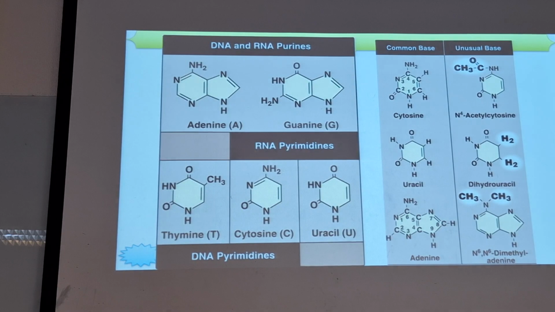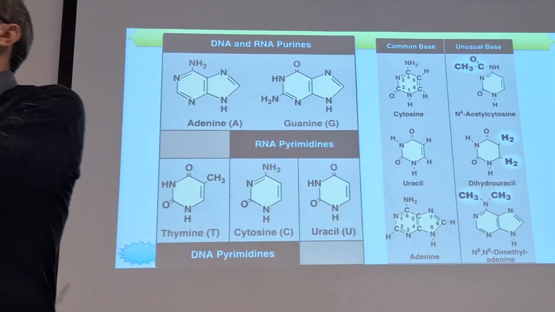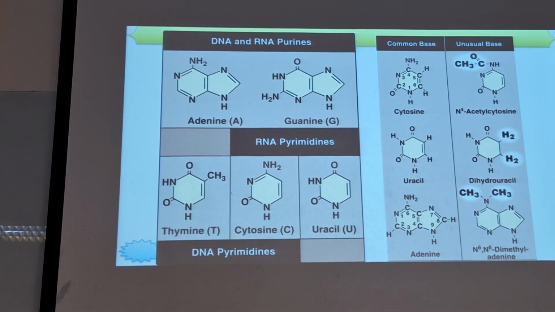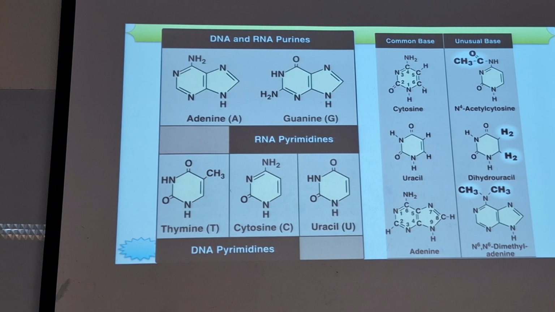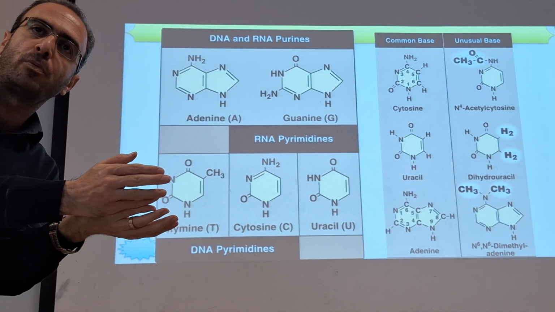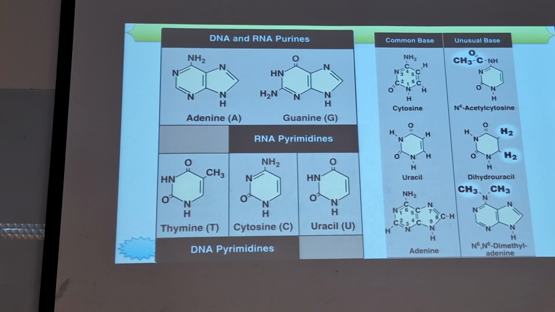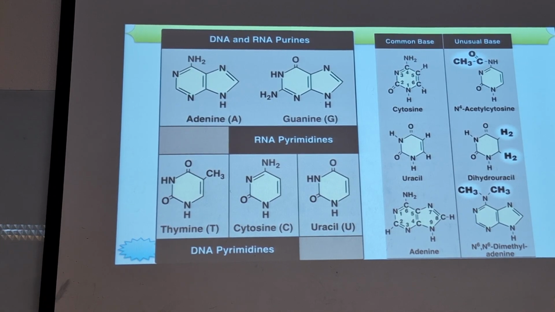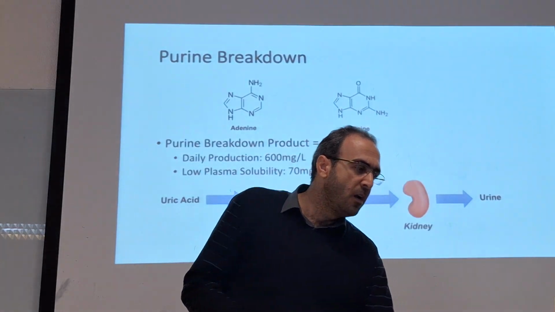When we don't have nucleotides, we can't make a new copy of DNA. When we don't have a new copy of DNA, we can't make new cells. In eukaryotes, the tumor cell cannot proliferate. In prokaryotes, the bacterial cell cannot proliferate. So they can be used as an antibiotic or anti-cancer drug.